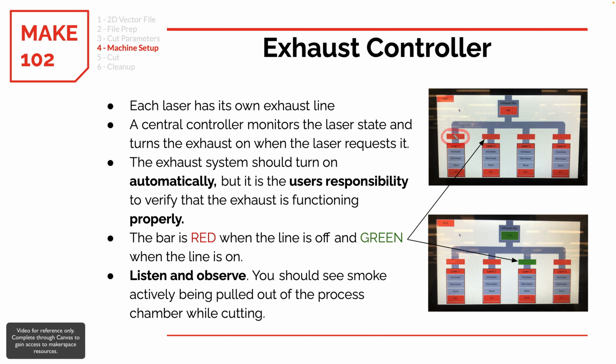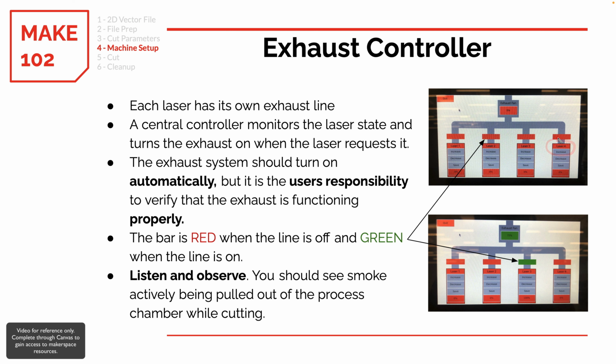This blast gate can open and close, allowing airflow to each unit. In the picture, if this box is green, that means the exhaust fan is running. And if this box here is green, that means the blast gate for that particular laser should be open. So this is laser cutter 1, laser cutter 2, laser cutter 3, and laser cutter 4.